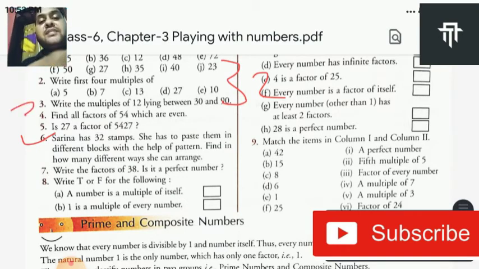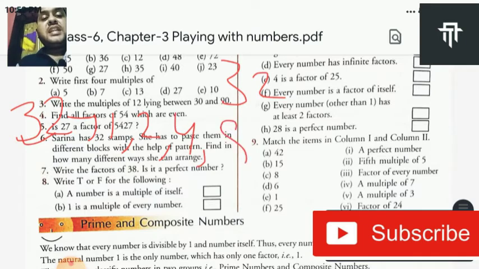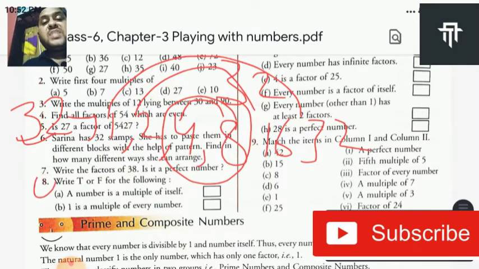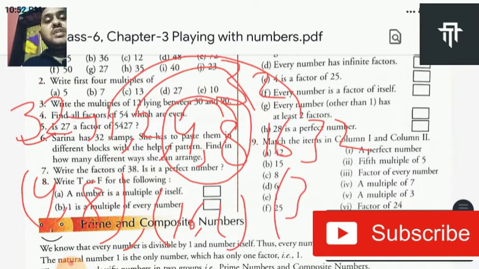So for finding the factor pairs, we first need to find out the factors. So first factor is 1, then 2, it is not divisible by 3, then 4, then it is 8, 8 into 4 is 32. So we get the first factor pair. Then the second is 16 into 2, then the third one is 32 into 1. So all the factor pairs are: first is 4, 8, second is 16, 2, and the third one is 32, 1.